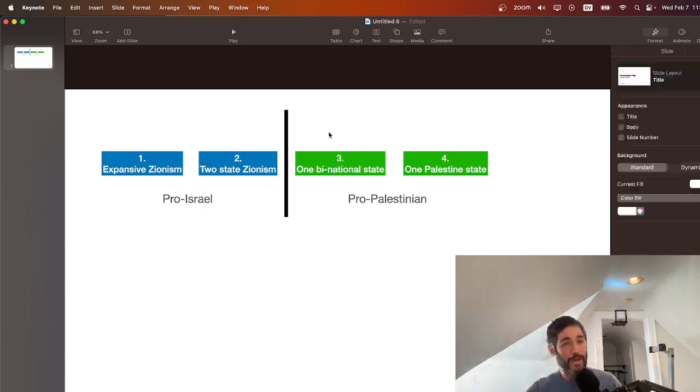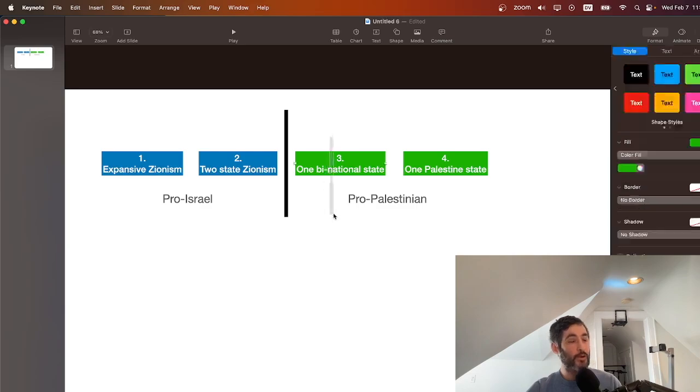If you say one binational state, you're saying you believe that there is a legitimate pro-Palestinian movement that should be engaged with.